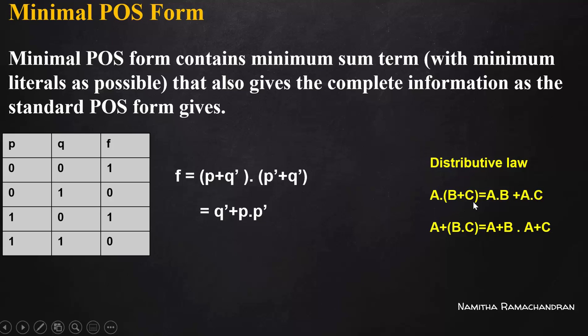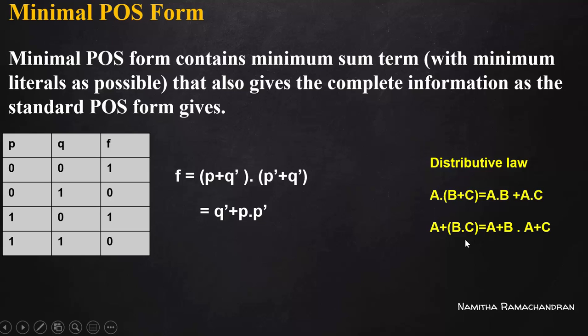A dot (B plus C) is A dot B plus A dot C, and similarly A plus B dot C is (A plus B) dot (A plus C). Okay, so this is actually of the form A plus B dot A plus C. (P plus Q complement) dot (P complement plus Q).